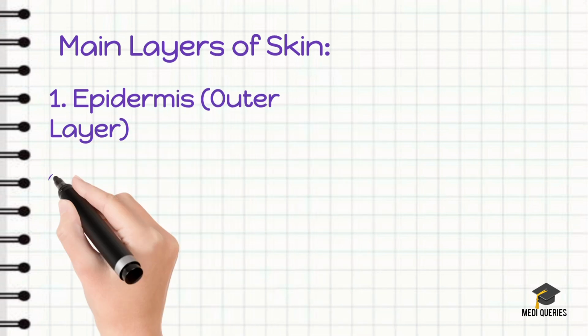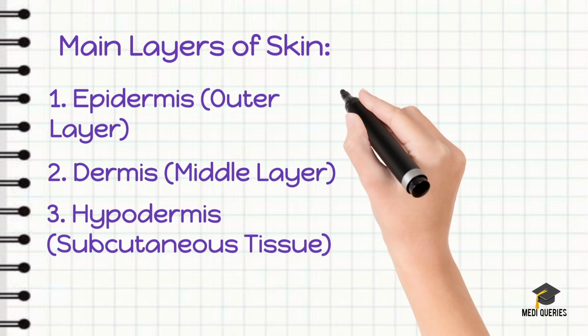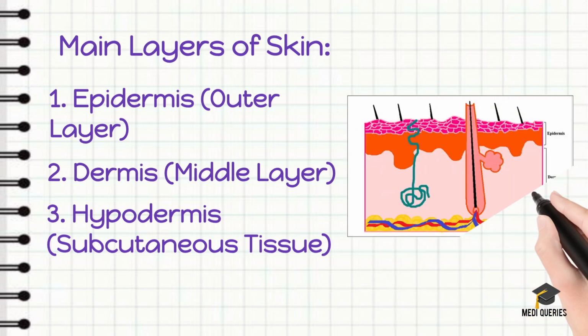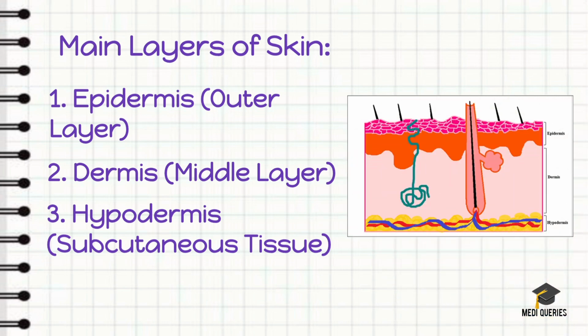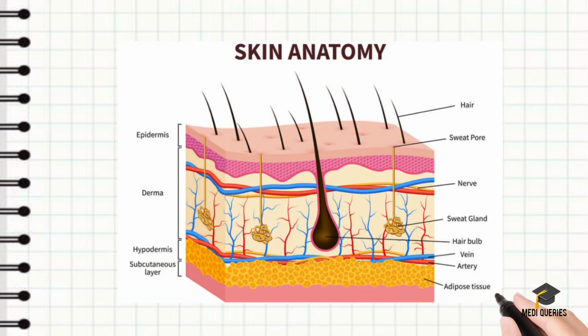Okay, this is a thin avascular layer, there is no blood supply to this layer. It is mainly composed of keratinized stratified squamous epithelium. The function of this layer is mainly protection, waterproofing and skin tone. That is the outermost layer, the superficial skin that we observe, the epidermal layer.